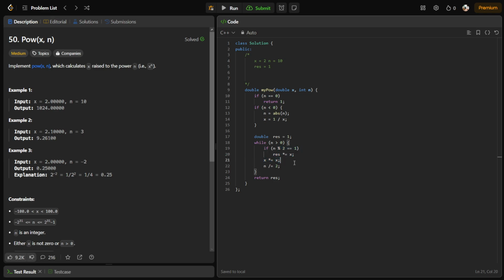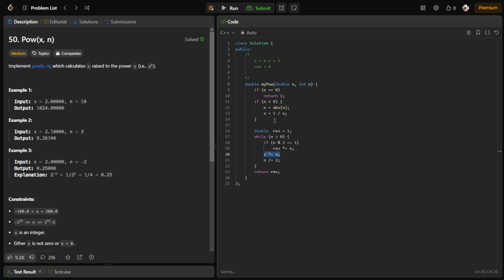Now we multiply x with itself, so 2 times 2 is now 4. So x is now 4, n will divide by 2, so n is now 5. So now n is still more than 0, but now n is an odd number, right? 5. So we times result with x. So in this case, result is 1 times x, which is 4.